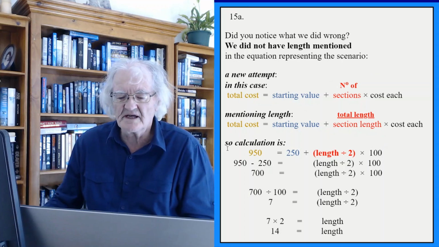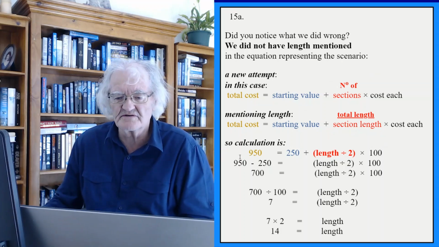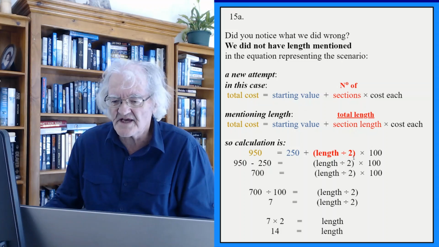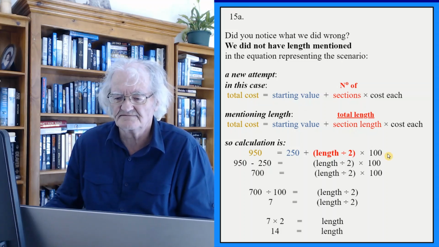So our calculation will be based on the equation 950 is 250 plus the number of sections expressed in length times the cost of a section. It's the same statement that we had before, but it's expressed in terms of the length. So, isolating the length that we want, shift the 250, it subtracts.